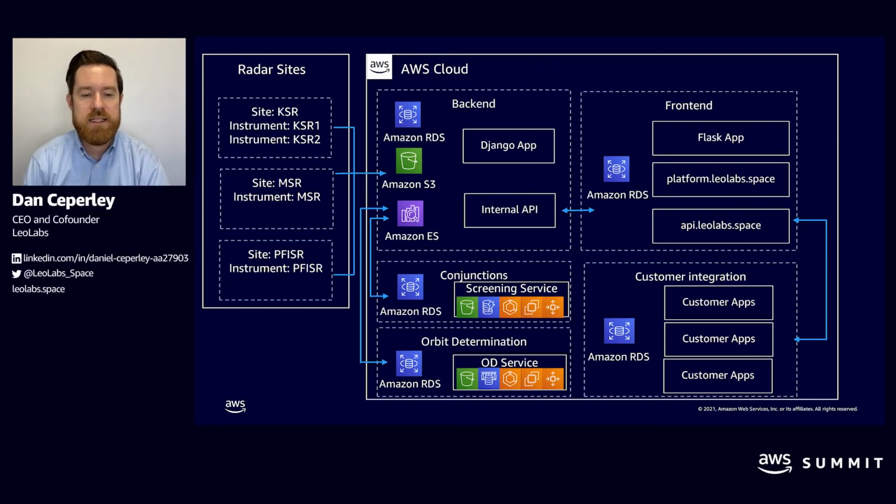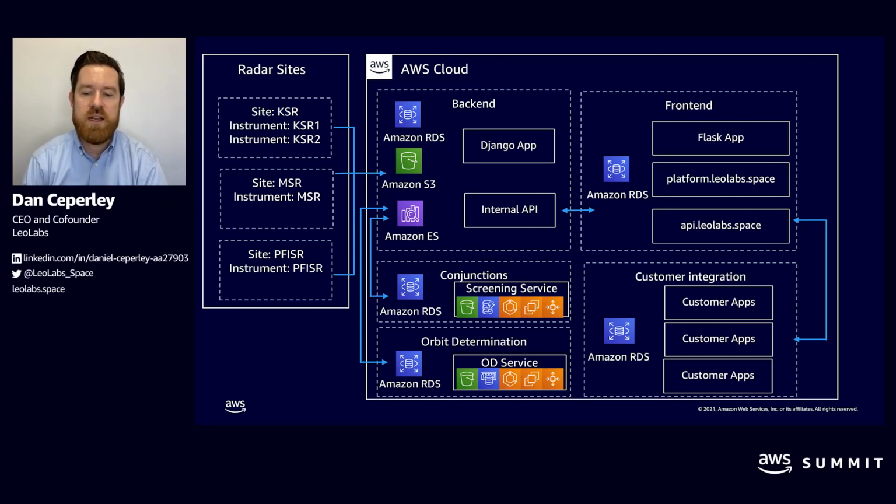So we've got a back-end system that's got a set of databases that rely on the Amazon RDS service and also the Amazon S3 service to store and move the data. We also use the Amazon HPC system in order to process that data quite quickly. And we've got a set of analytics tools you see here marked as conjunctions and marked as orbit determination that are able to sift through that vast amount of data very quickly and get responses and alerts off to customers fast.